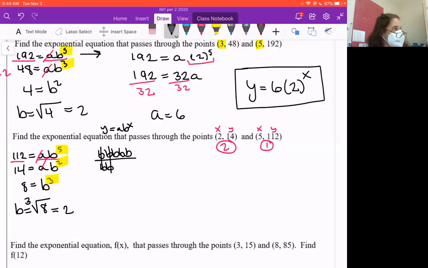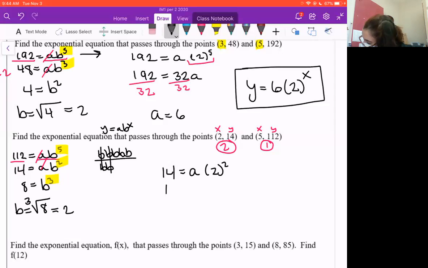And now we have to go back and figure out what a is. So take either one of these equations. It doesn't matter which one. This time I'll use the second one. Okay, 14 equals a times b squared. So 14 equals a times b, which is now 2, squared. 2 squared is 4.